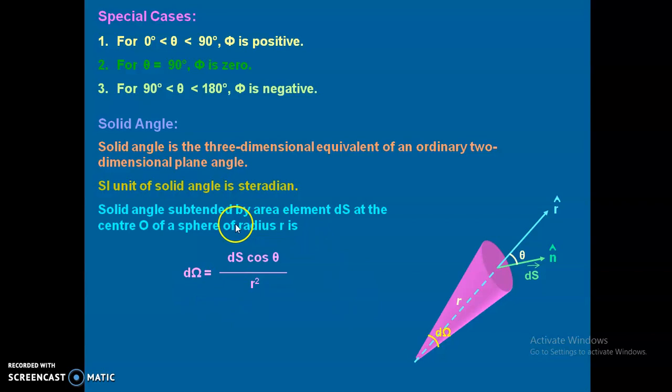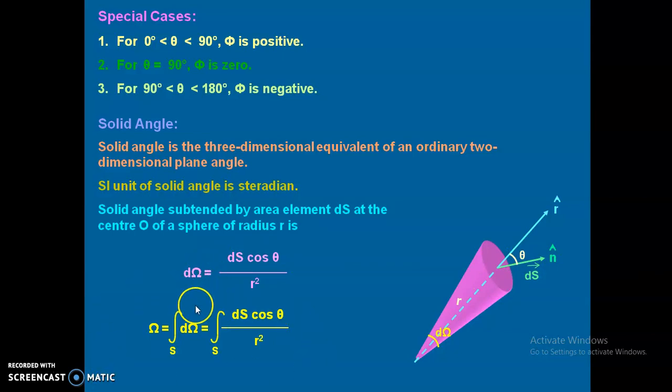You must be remembering in class 11th we understood the solid angle formula as surface area divided by radius square. Cos theta stands for the component, because they both are not in the same direction.